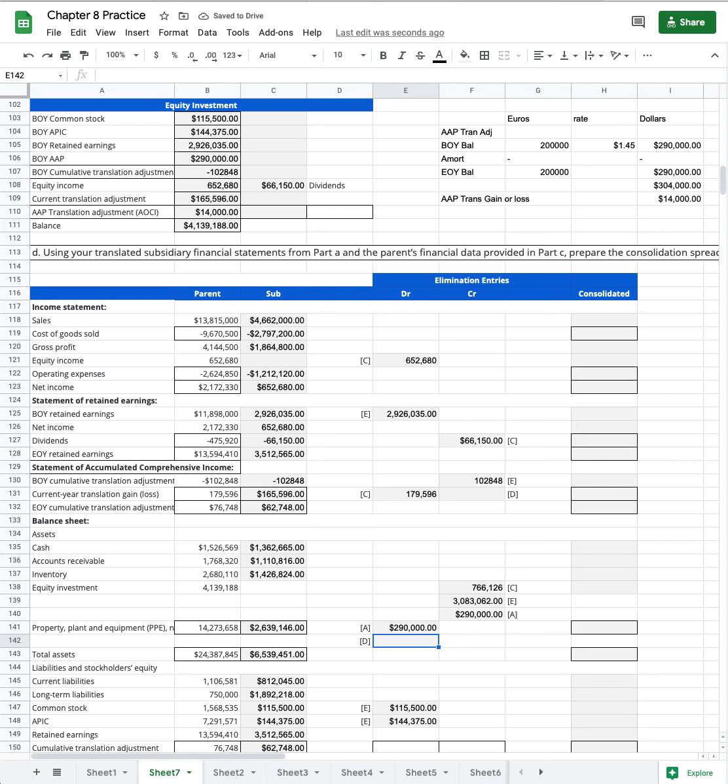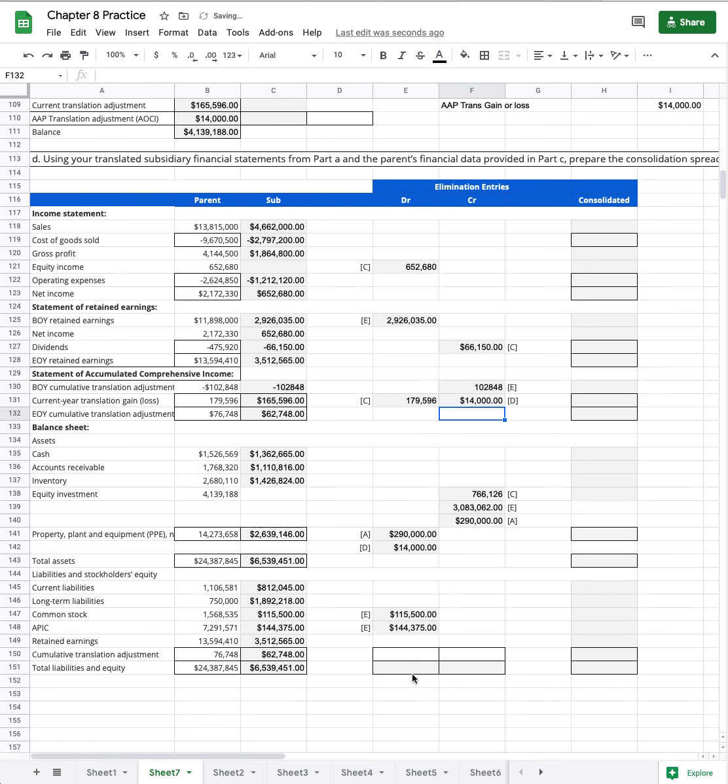All right, and then finally we have the D to recognize the change in the PPE, APE resulting from the change in the exchange rate during the year. And so we can reference this AAP translation adjustment. And then we'll do totals here.